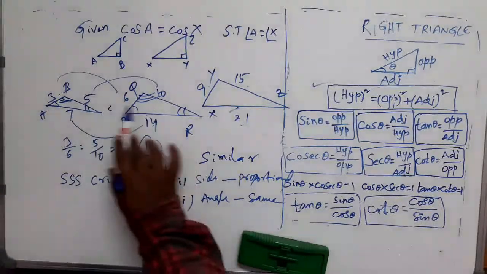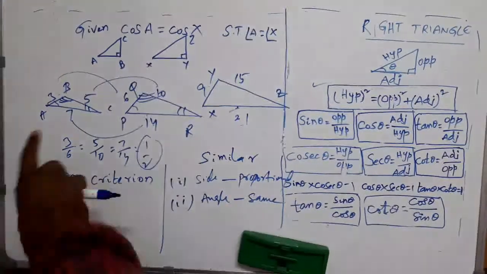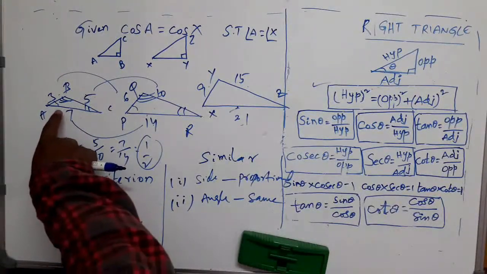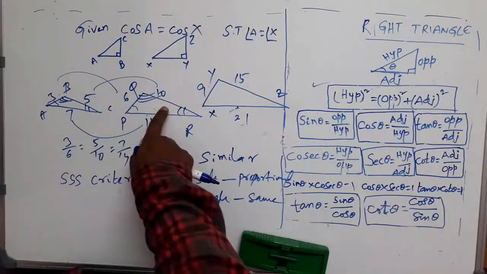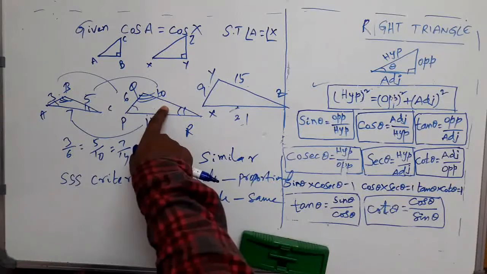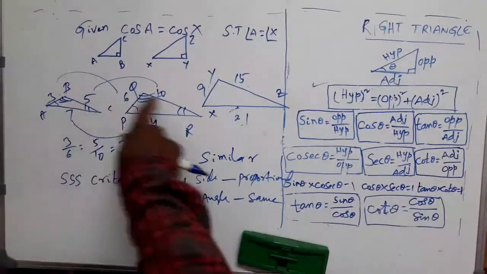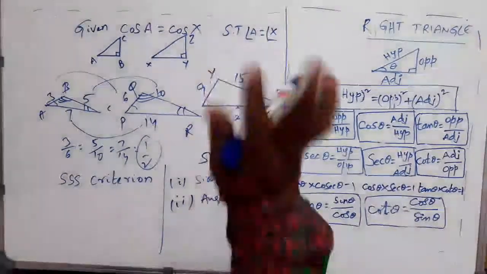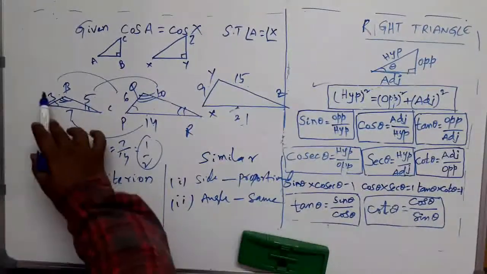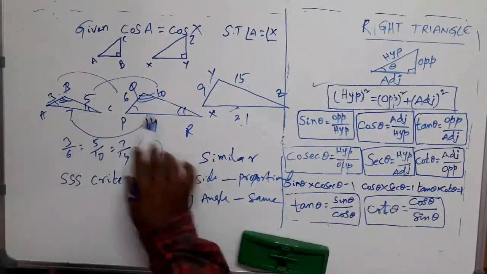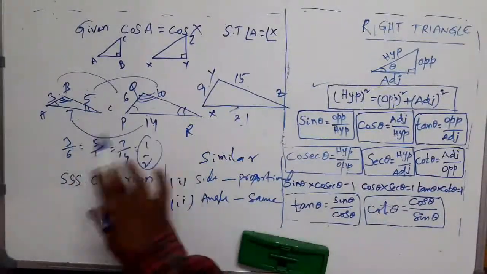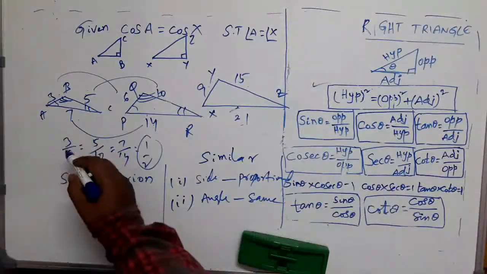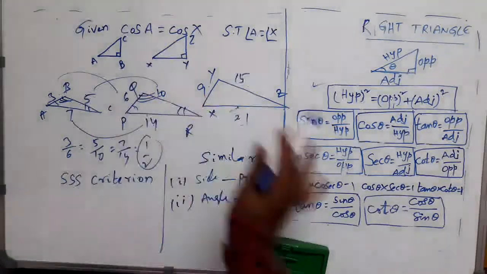In any two triangles, if the sides of the first triangle are proportional to the sides of the other triangle, the corresponding angles are the same. That is the point. Clearly 3, 6, 7, 14, 5, 10 are proportional to each other, right? Corresponding sides are proportional. So what can you say? Corresponding angles are the same.